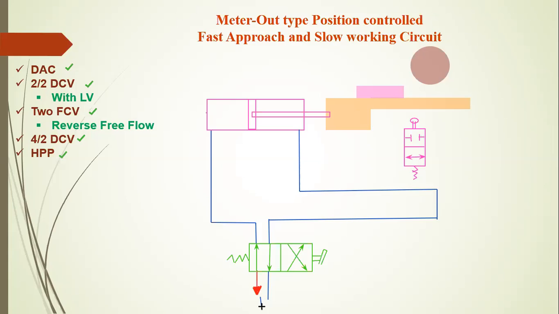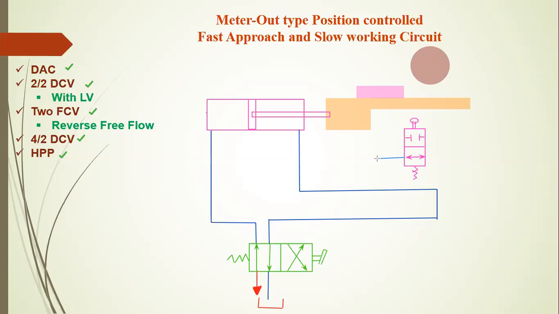Here I draw the short symbol for the hydraulic tank. Let's give the two FCVs in this position. This line is attached to our return hydraulic line.